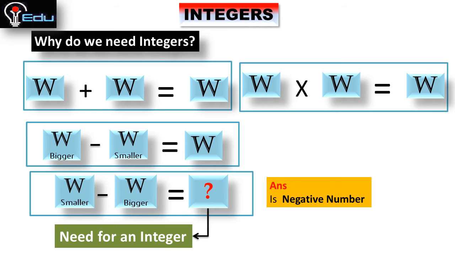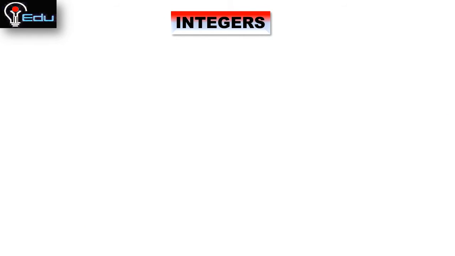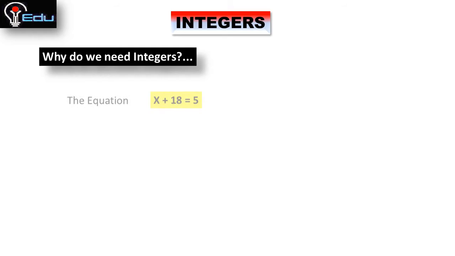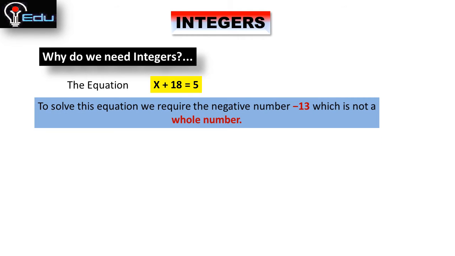Now we will see other necessities or purposes. Here one example is the equation x plus 18 equal to 5. To solve this equation we require the negative number, that is minus 13, which is not a whole number. So to introduce a negative number we require integers.